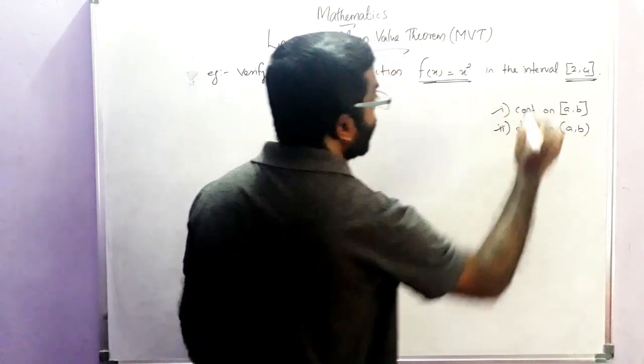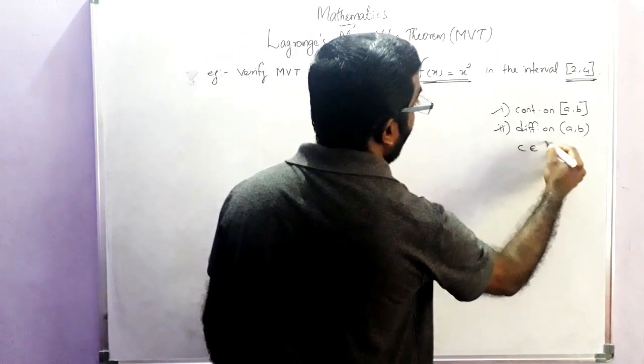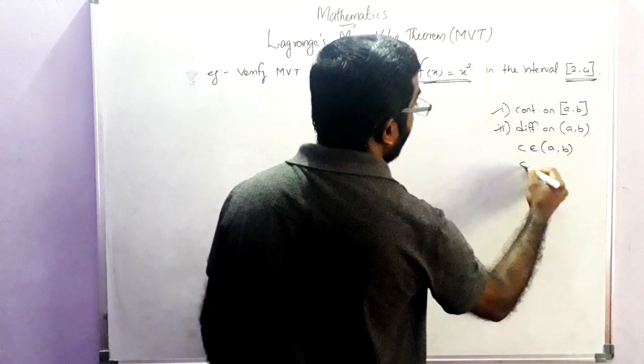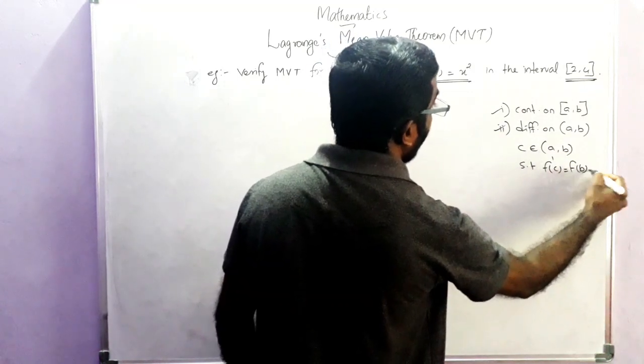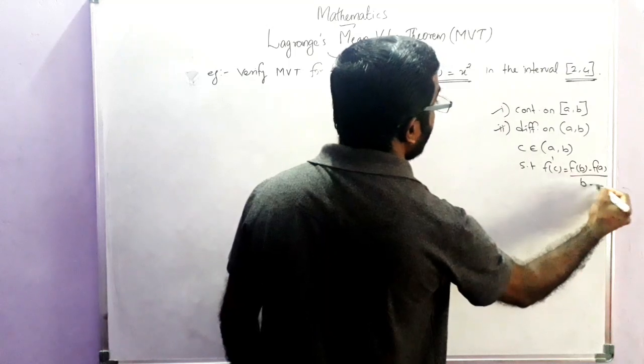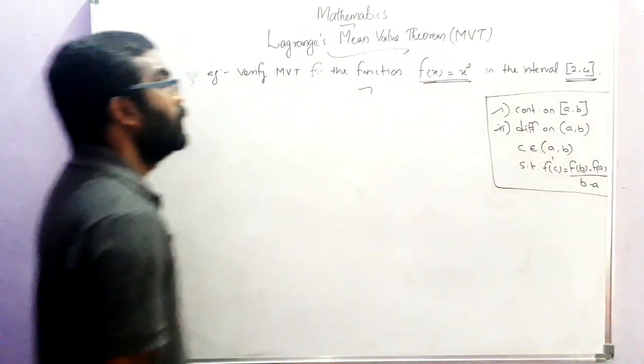If these two conditions are fulfilled, then there exists some c belonging to the open interval (a, b) such that f dash of c is equal to f(b) minus f(a) divided by b minus a. That we have to check here.